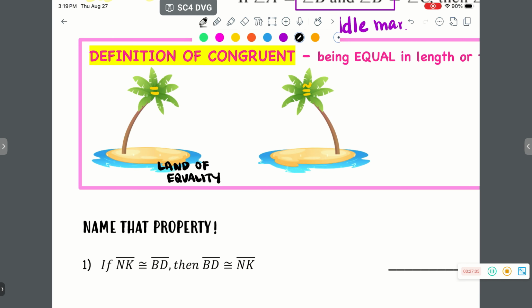It's super obvious if you're living in the land of equality because all you will see is equal signs. So it's very easy to tell which land you're living in. And this other island is going to be the land of congruency. Again, very easy to tell if I'm living in the land of congruence because everything is a congruent symbol. Here's the problem.